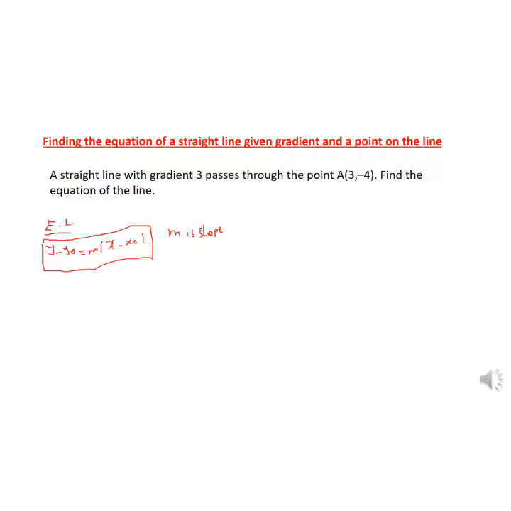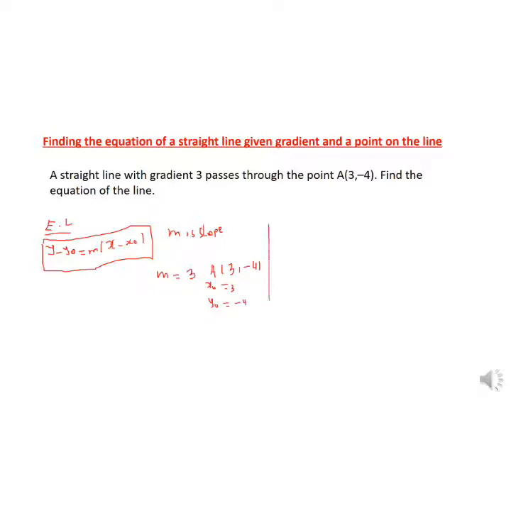For the above equation of the line, we have m is equal to 3, where point A is (3, -4). So now x0 is equal to 3, y0 is equal to negative 4.